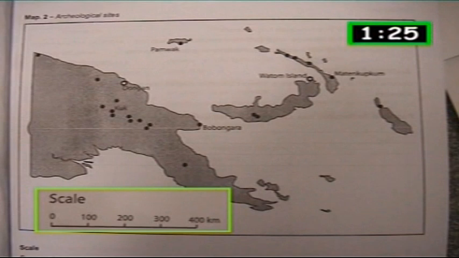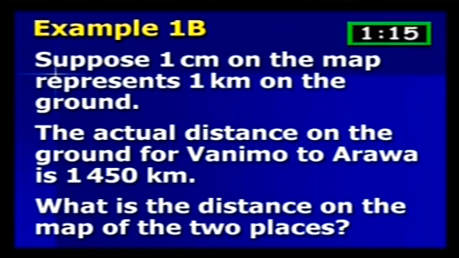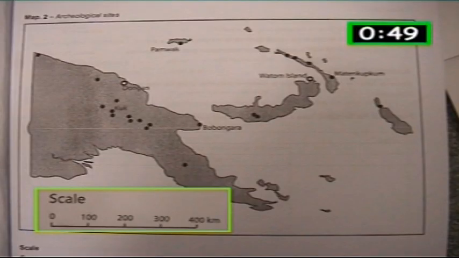What are you going to do? What operation are you going to do? Remember, 1 centimeter on the map is equal to 100 kilometers on the ground.